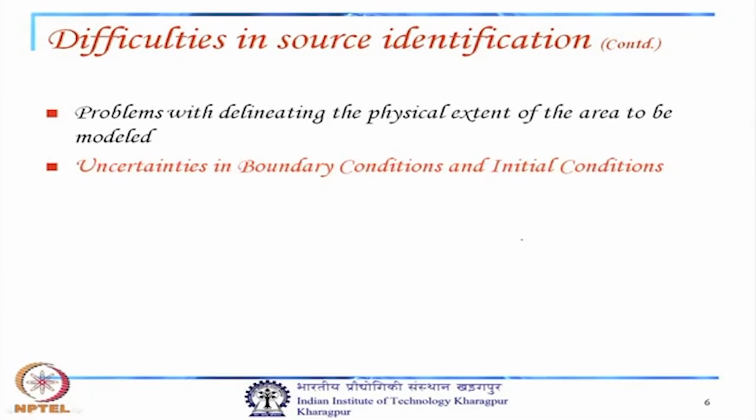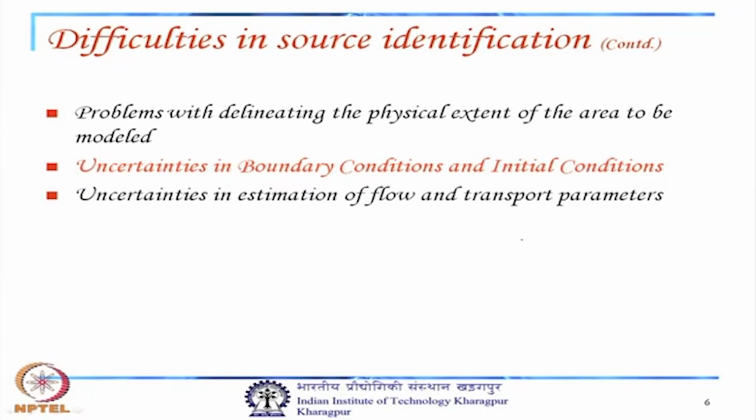So, the problem is that although in terms of our classification we are interested in finding out the initial conditions, boundary conditions are also important, because physical extent is important, and if you are not considering a proper physical extent of the area to be modeled, then boundary condition is a critical thing for modeling.